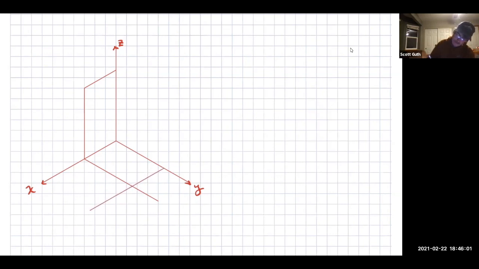Everything here is sort of a parallelogram, and that's how you do a good job. You just keep drawing parallelograms and things look nice when you finish.